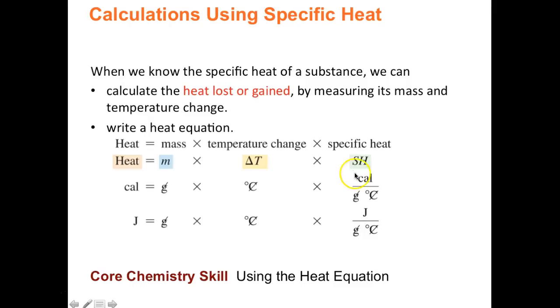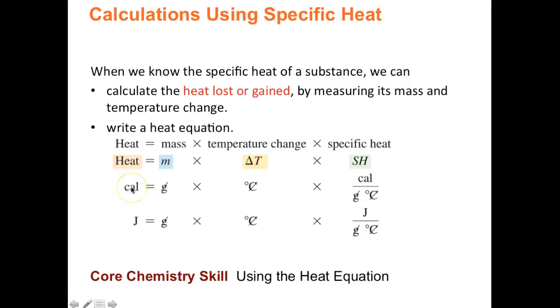So mass is in grams, the temperature is in degrees centigrade, specific heat is in calorie per gram degree centigrade. So the grams and the degree centigrade cancel, and you'll get your answer in cals.